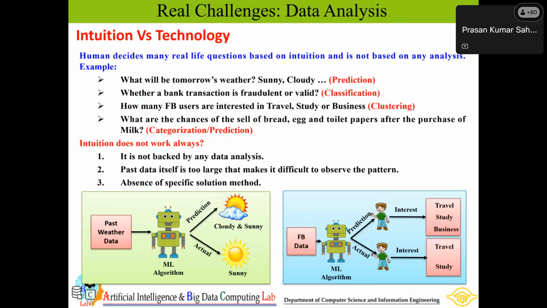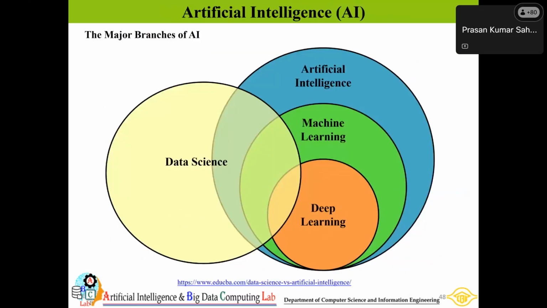However, sometimes it doesn't work. The main problem is, if the volume of the data is so huge, sometimes our intuition also doesn't work properly to predict. That's why we apply artificial intelligence.